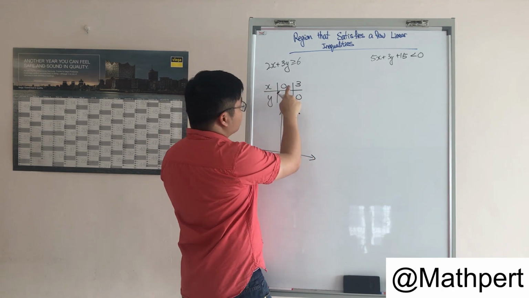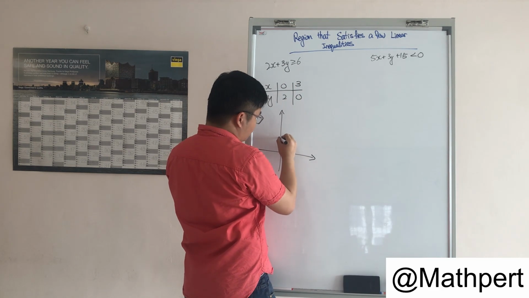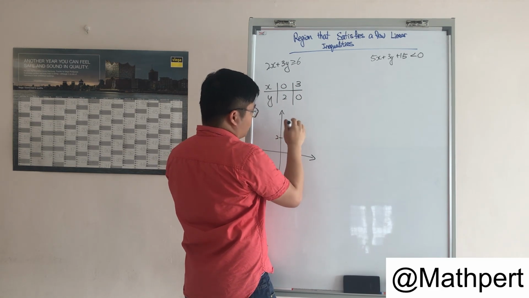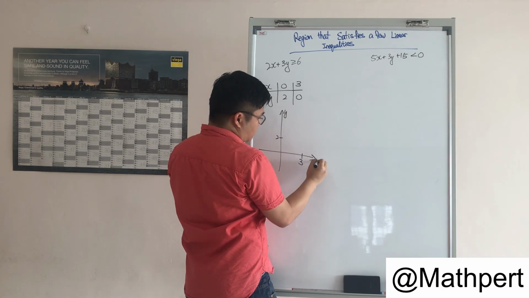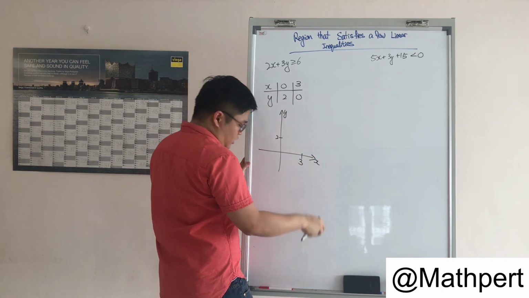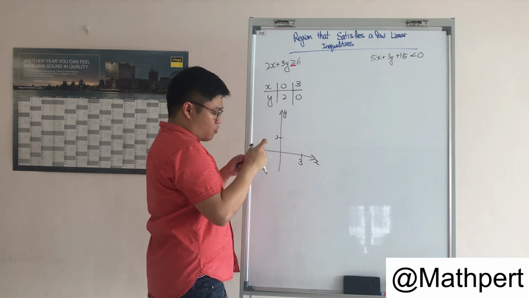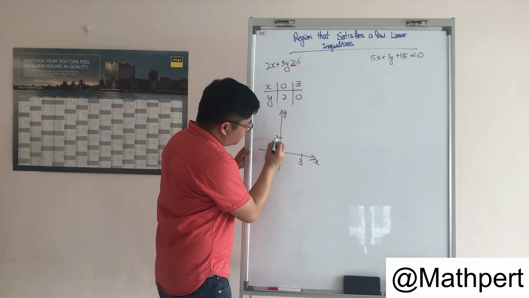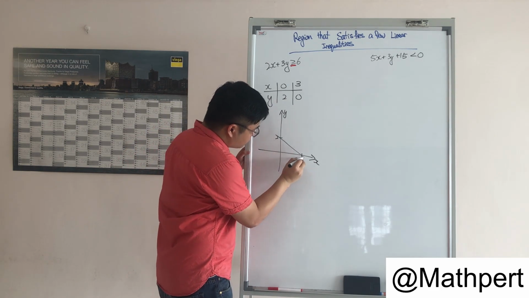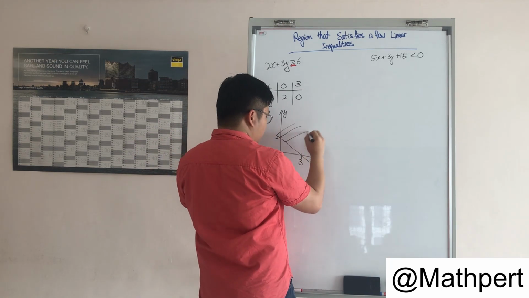This is 2 on the y-axis, this is 3 on the x-axis. Notice the symbol over here, greater than or equal to 6, so this will be a straight line, and the shaded region is here.